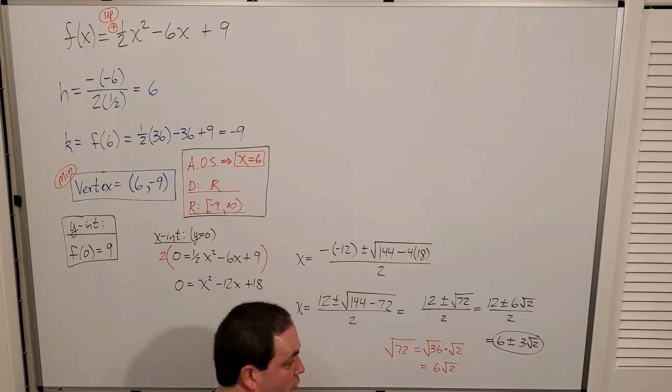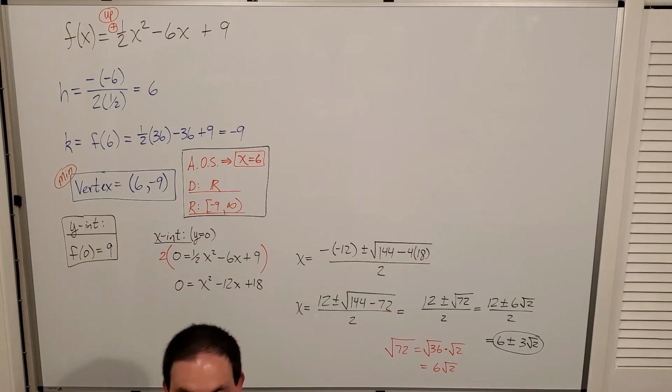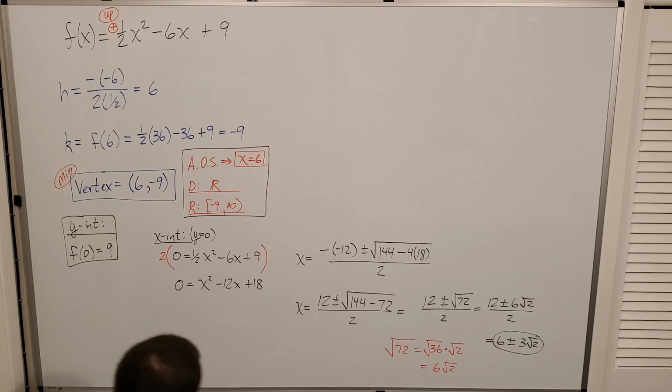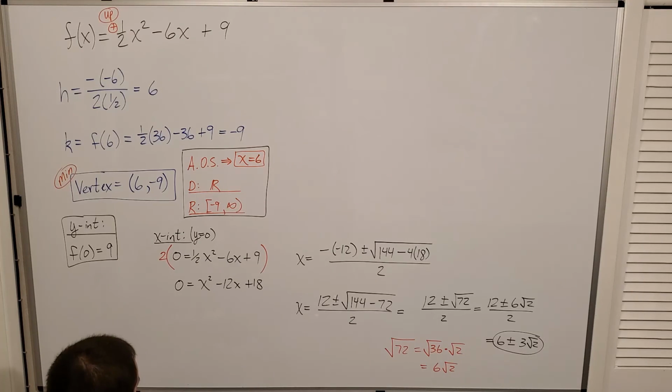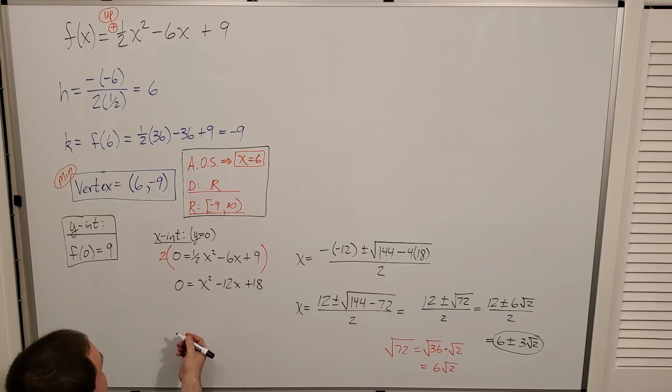Let's actually crunch those up though, because I need to get them on a graph. So let's see. 6 plus 3 square root of 2. I've got 10.2 approximately. So my x-intercept is going to be f of 10.2 is approximately 0.